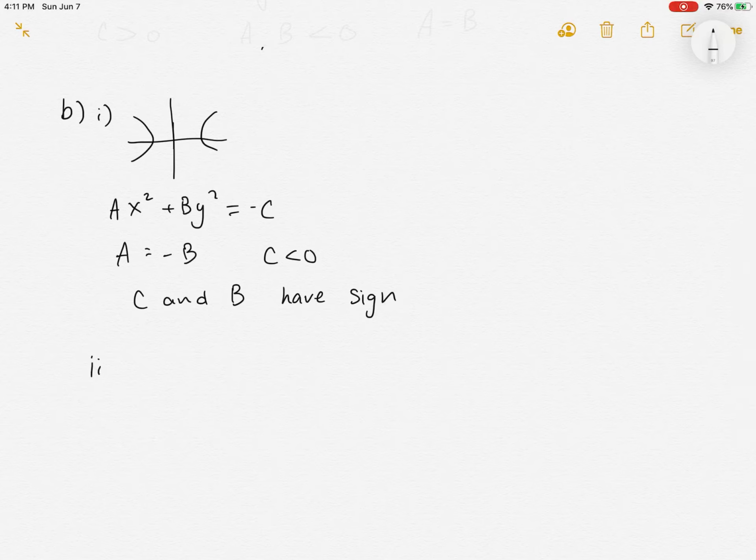And then for the next one, it's asking for a rectangular hyperbola with center 0, 0 on the y-axis. So it would look something like this. So that would mean that C is negative.